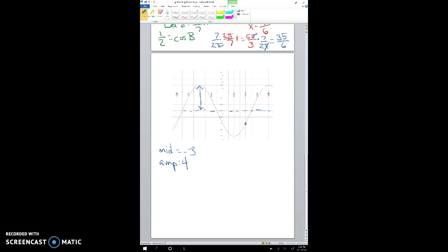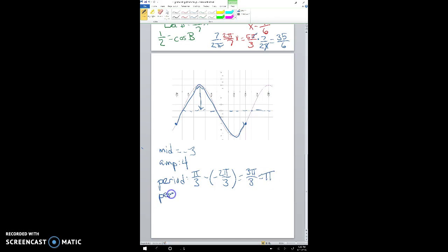And then the corresponding point here. So this is one full cycle. So you take the ending point, pi over 3, subtract the beginning point, which was -2 pi over 3. Gives you pi over 3 plus 2 pi over 3, which is 3 pi over 3, which is just pi. So the period is pi.